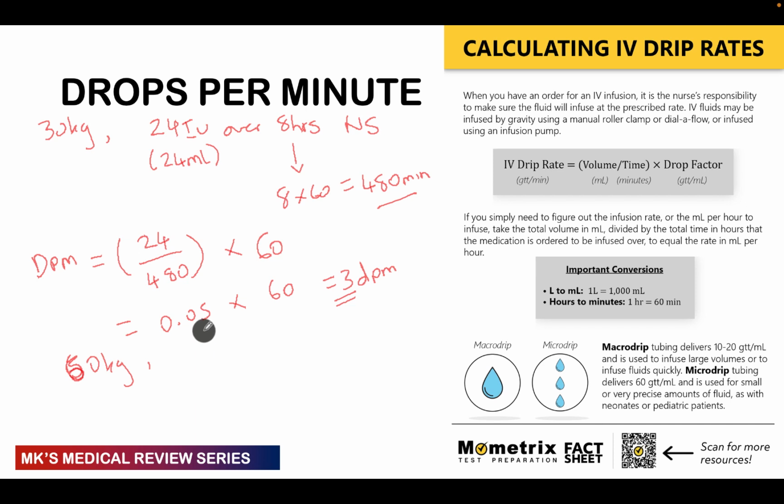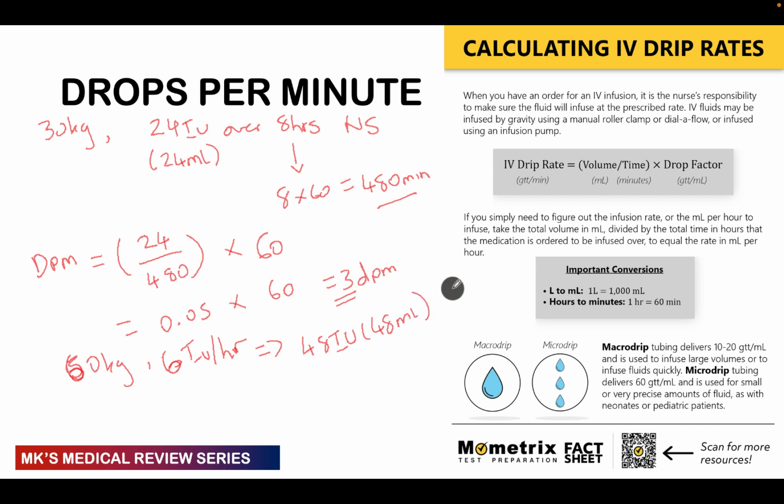Remember, if they're in DKA, they're going to require an insulin dose of 0.1 multiplied by 60. So they're going to require about 6 international units per hour. So in 8 hours, this person is going to require 6 multiplied by 8, about 48 international units. So this will translate to about 48 mils.